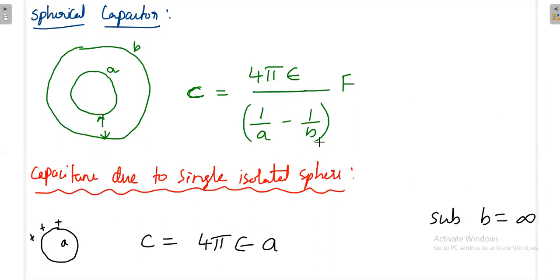Once B is infinite, as I told in the beginning, if there is only one sphere, then the negative charges will be stored on an imaginary sphere present at infinite distance. That's why I am taking B as infinite. Once B is infinite, 1 by infinity is 0, then A goes up, and 4 pi epsilon A farad is the answer.